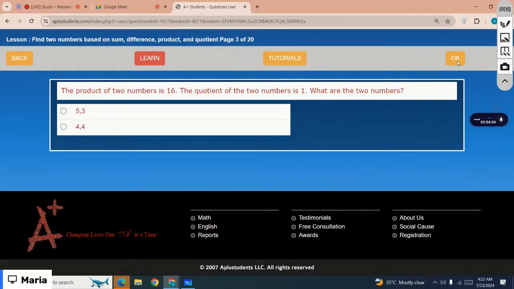And when you divide them, 4 divided by 4 is 1. How option number 1? Can you please explain?